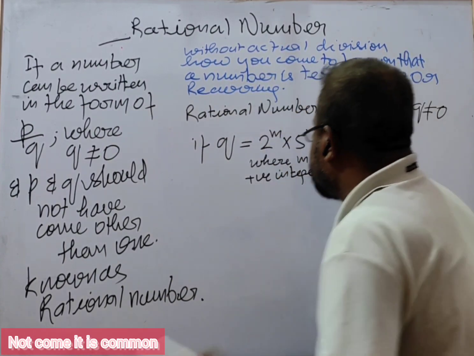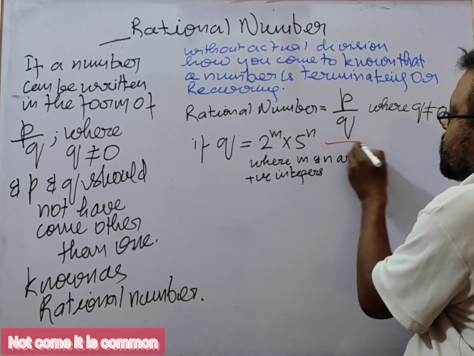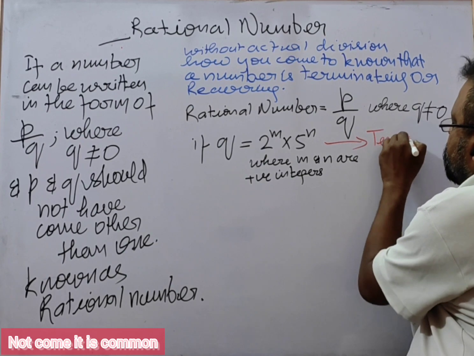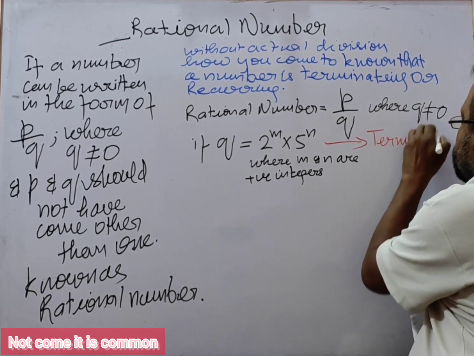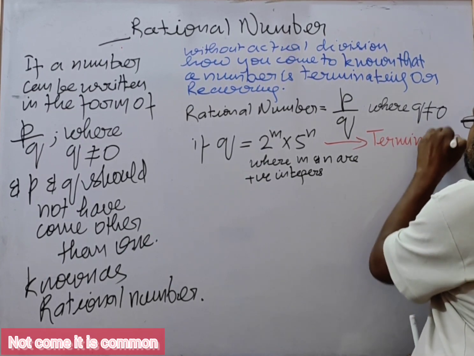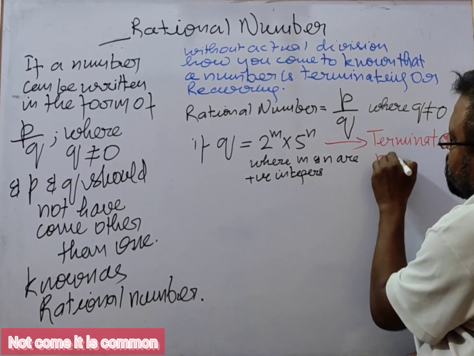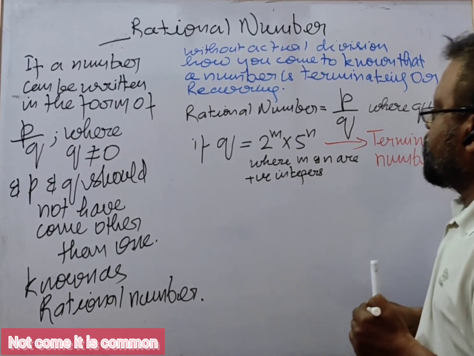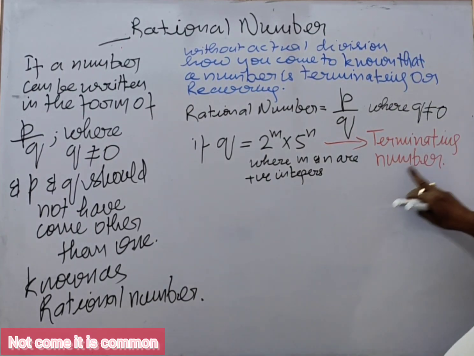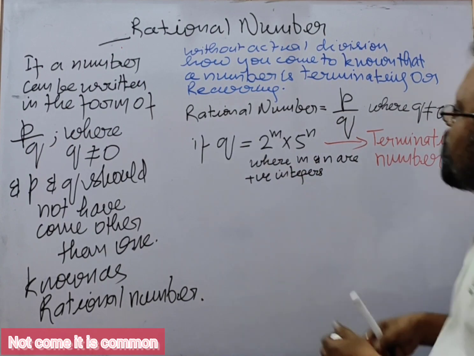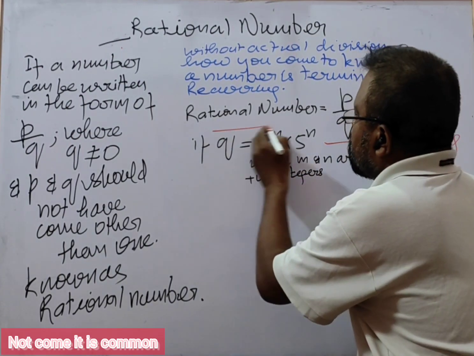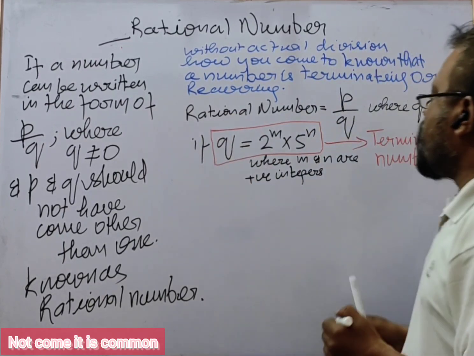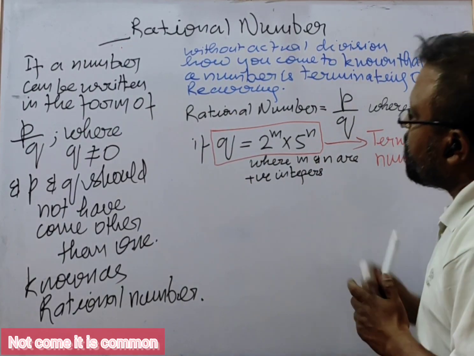a terminating number. If Q can be written in the form of 2 raised to the power m into 5 raised to the power n, then it is a terminating number.